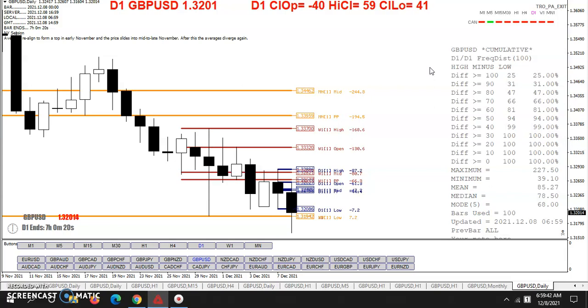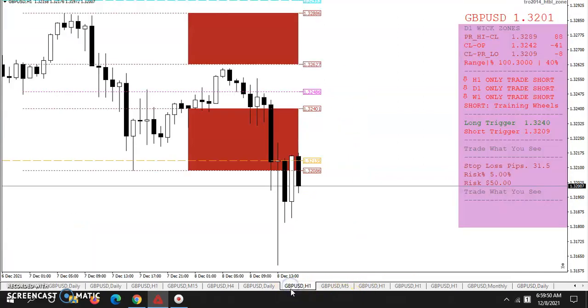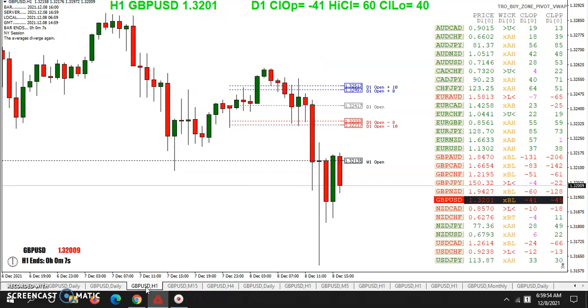So we know price is going to range from the open, and that's the reason I created the buy zone. So if we go back, let me find the buy zone. Somebody said it'd be nice if you could label these, and it really would be.